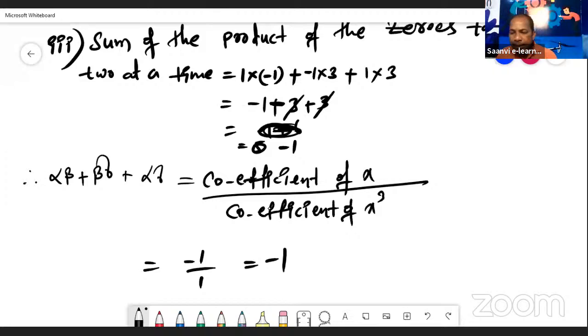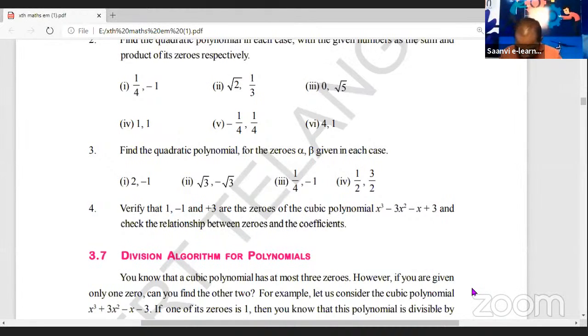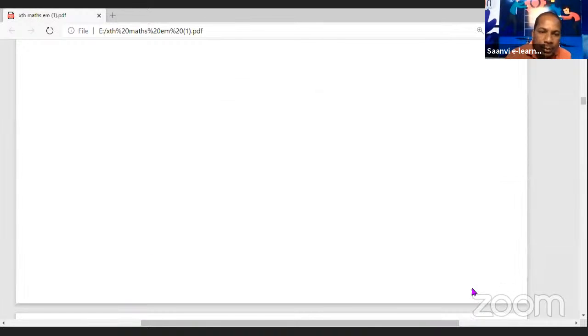Okay, children, this is a very important problem, asked many times in examinations. So in the same way you complete today's homework. Your homework is Example 7, page number 70. You do the problem.